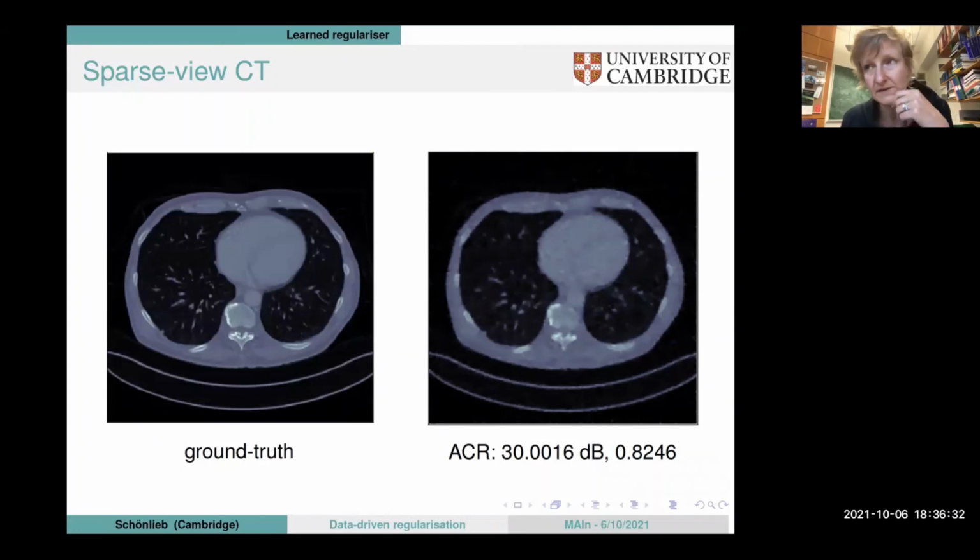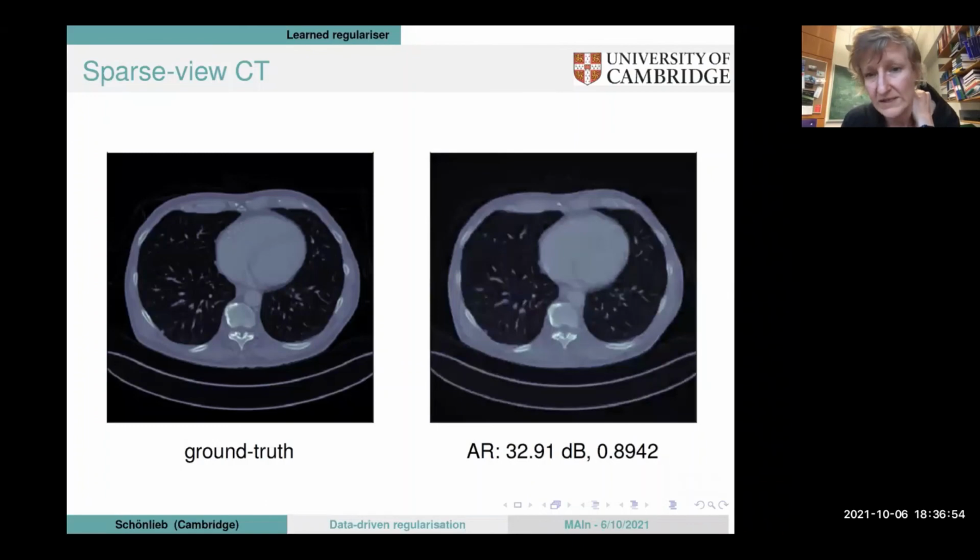So here, I think there is much more to gain, and we have some preliminary results that I don't want to spoil the story, because we still need to inspect that a bit more. But we have some preliminary results that definitely show that if you use better parametrization for the convex regularizer, you can also get better results here. But anyway, this is what we have at the moment.